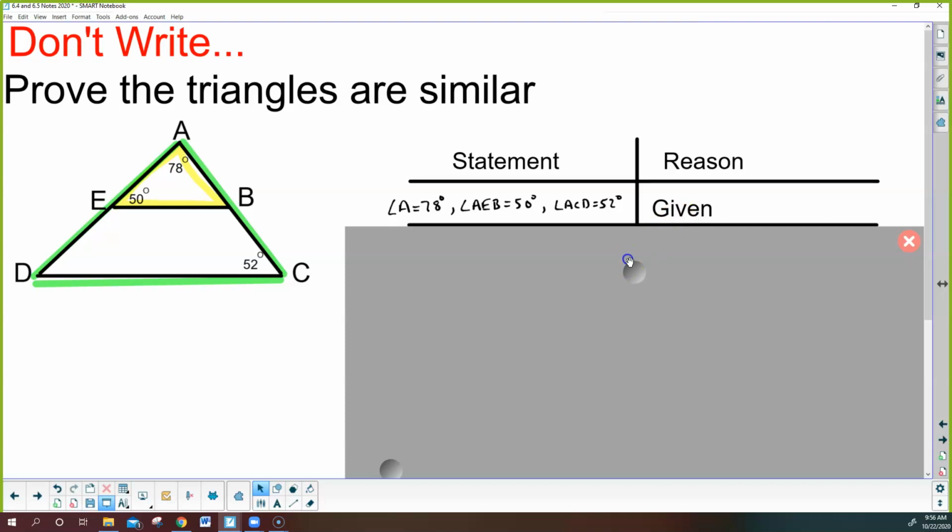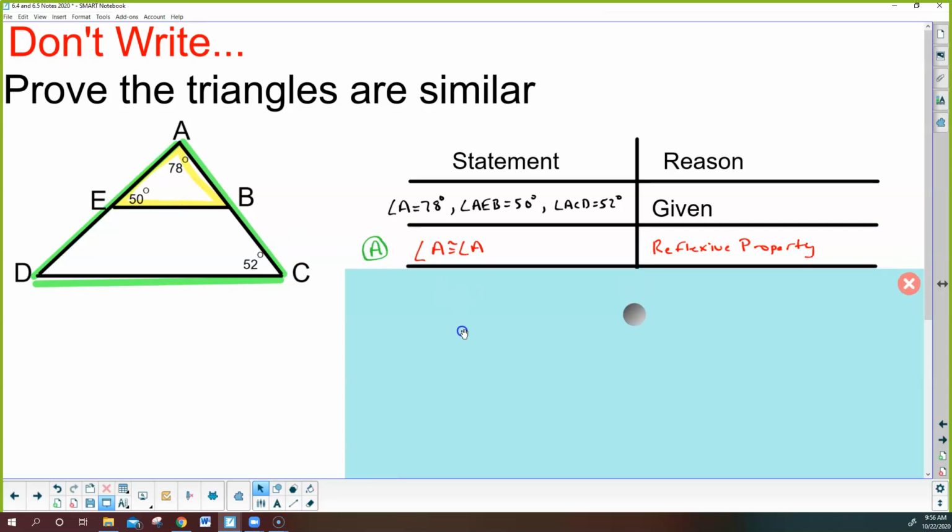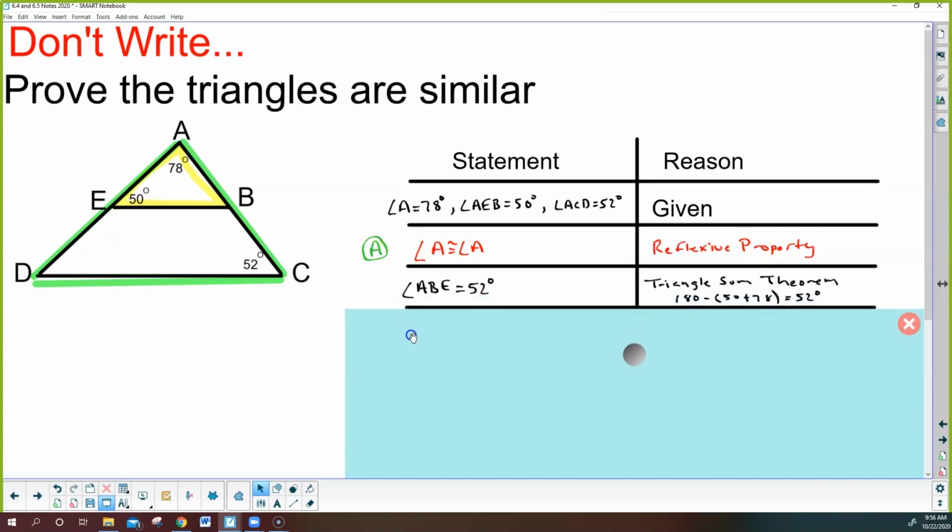Now, what else do I know? Well, I know that the yellow one is a triangle. And I know that angle A, the yellow triangle, is the same angle A as the green triangle. So angle A is congruent to angle A by the reflexive property. Then I actually can find out.